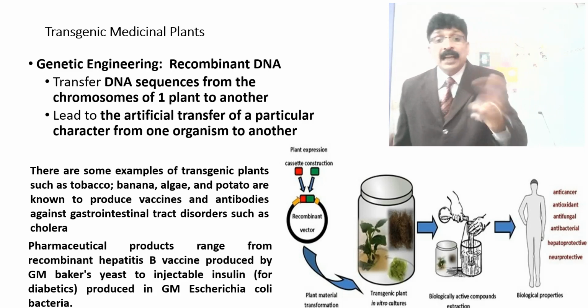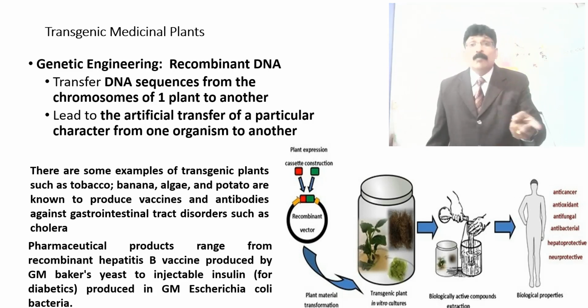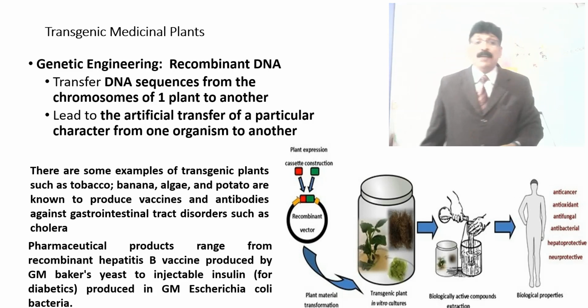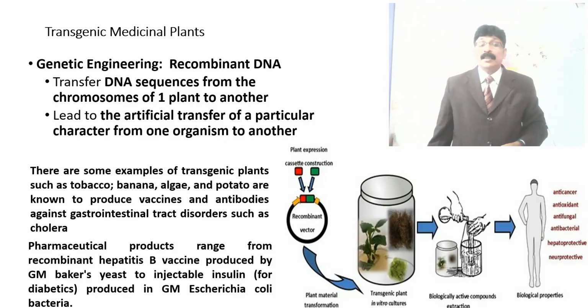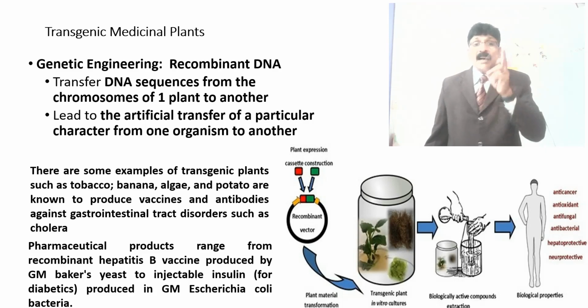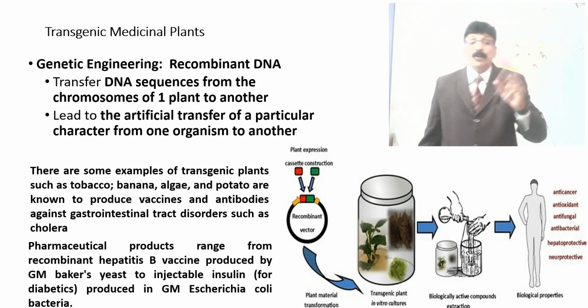Insulin can be produced in a gene modified E. coli, Escherichia coli bacteria, which can produce insulin for diabetes.